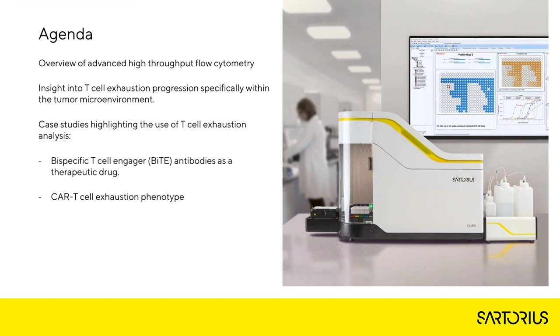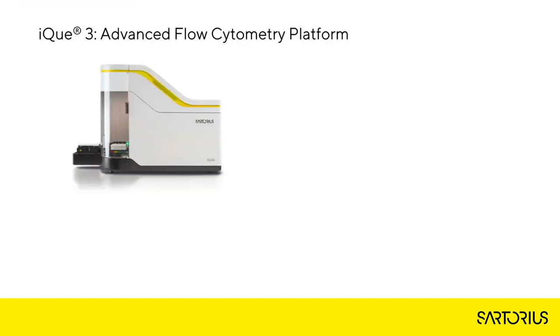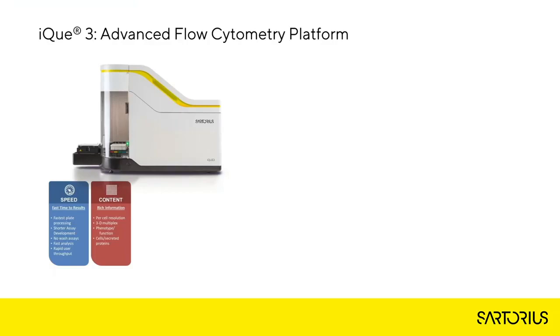The IQ3 is an advanced flow cytometer capable of reading from either 96 or 384 well plates at high speed. The IQ3 also allows a vast quantity of information to be collected from up to 15 detection channels. The optimized assays and reagents provided by Sartorius require a small volume of cells and supernatant and therefore minimize the amount of precious sample required.